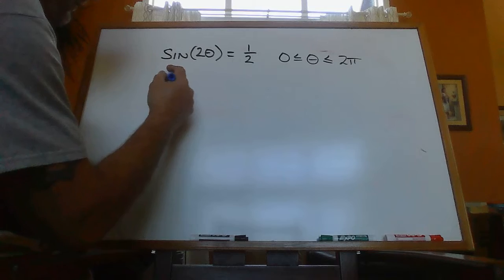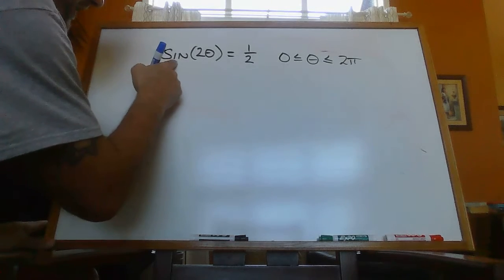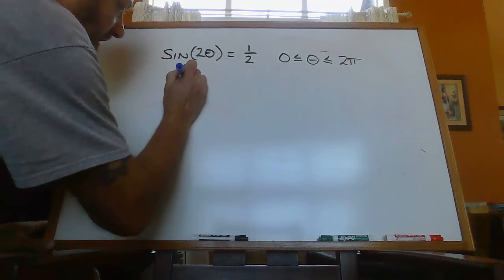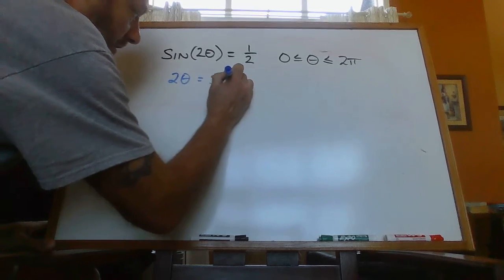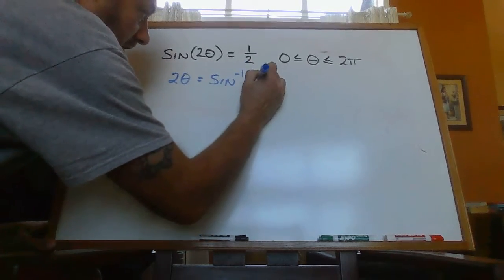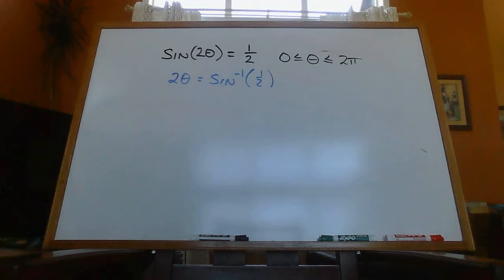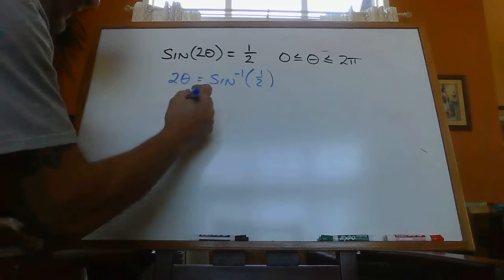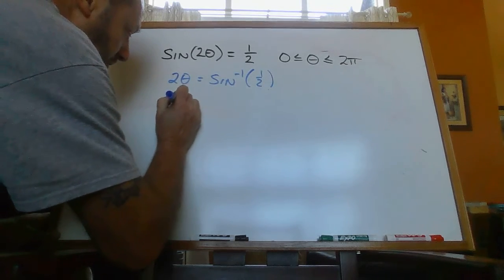Well, let's go through it. First thing we would do is arc sine both sides to make the sine go away. So we arc sine, you get 2 theta is arc sine of 1/2. Okay, so we look up our arc sine of 1/2, and we get two equations now.